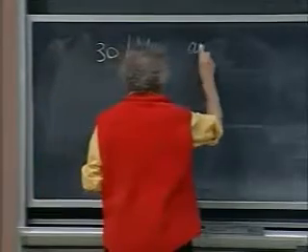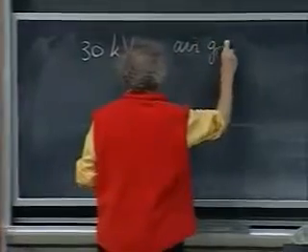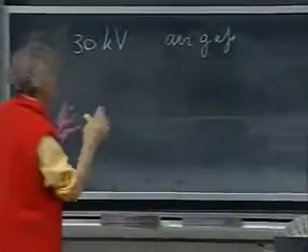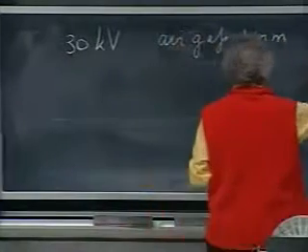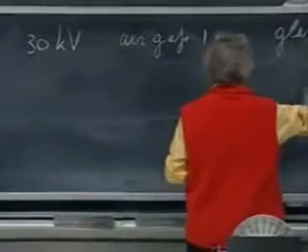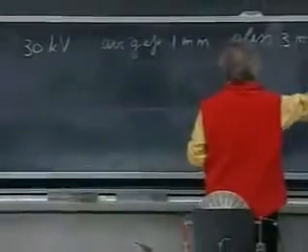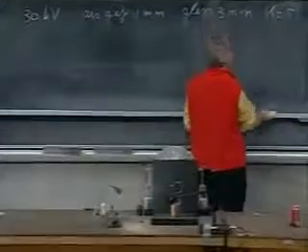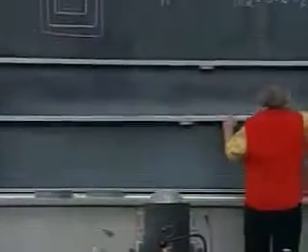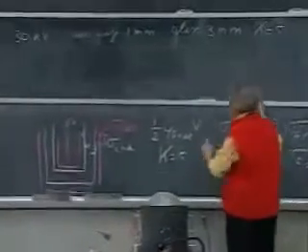I will assume that the air gap between the outer conductor and the glass is 1 millimeter, that both are 1 millimeter. And I will assume that the glass thickness is 3 millimeters, and I take kappa equals 5 for the glass. So that is the basis of my calculations.